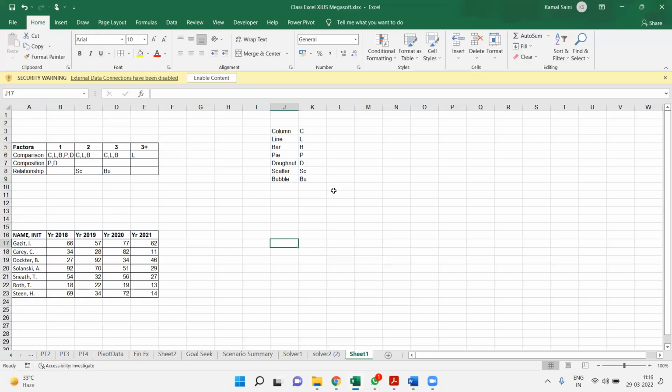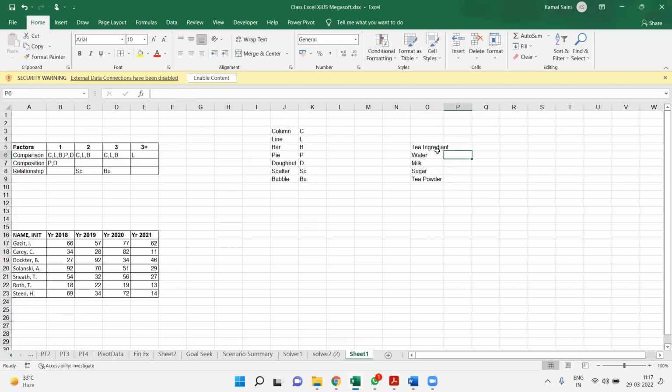Now coming to composition. Let's say you need to make a tea, what are the ingredients required to make a tea? You need water, milk, sugar, and tea powder. If you need to make 1 cup, how much of each is required?